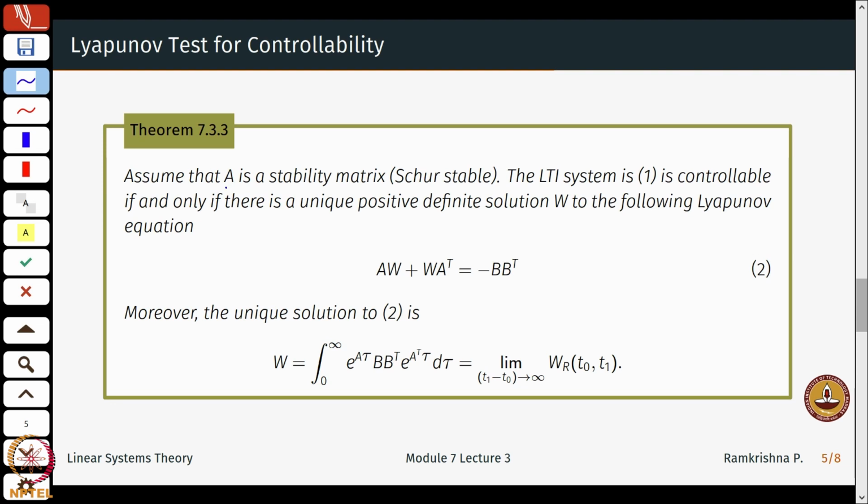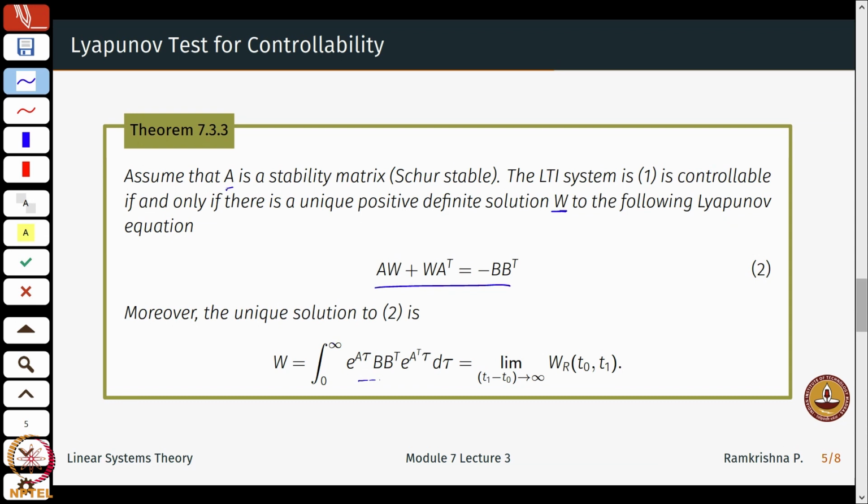We assume that A is stable, that all its eigenvalues are less than 0. Then the LTI system is controllable if and only if there is a unique positive definite solution to the following Lyapunov equation. And moreover, this unique solution is equal to, of course, the Gramian integrated from 0 to infinity. So, we will do a proof of this.